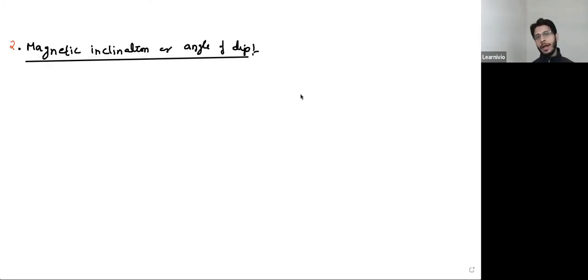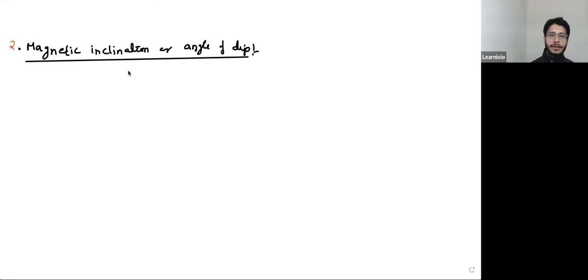One angle is below the horizontal, another angle is above the horizontal. That's why one is declination, another inclination. But I'm not coming to the dip circle. Magnetic inclination or angle of dip.